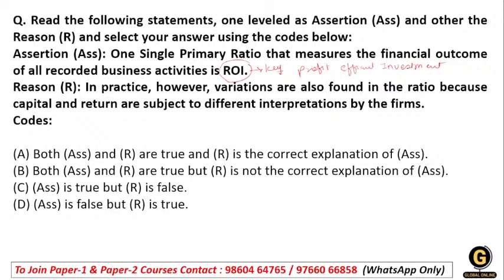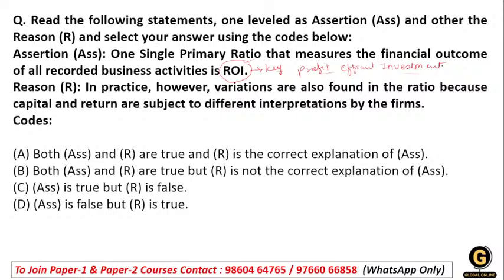So that's why the one single primary ratio that measures the financial outcome of all the recorded business is return on investment, because it finds out your profitability and your investment, and this leads to overall business performance.